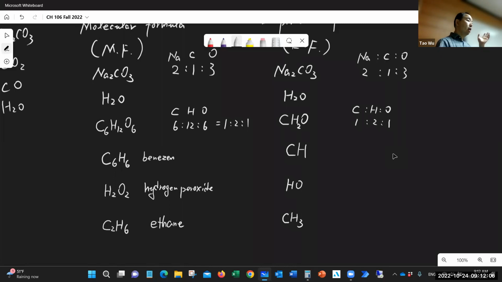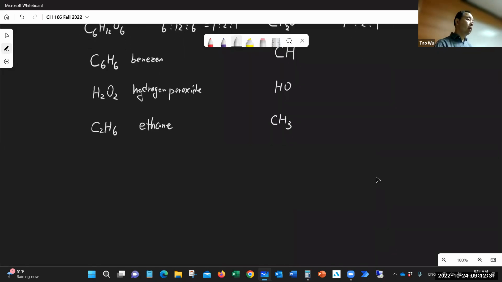Okay, so remember carefully the difference between the molecular formula and the empirical formula. They have exactly the same ratio for the elements in the compound, but not exactly the same numbers. Are you clear? Okay, yeah. So this is the difference between the molecular formula and the empirical formula.